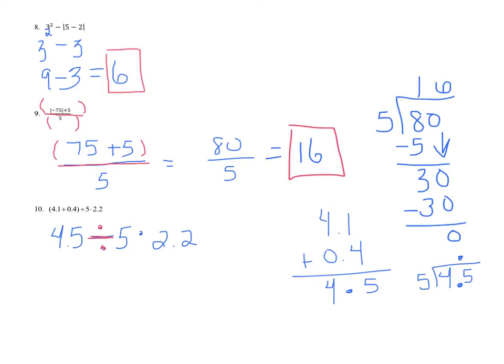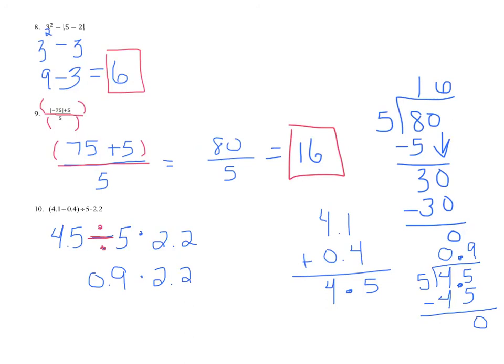So 5 goes into 4 0 times. So I'm asking myself instead, 5 goes into 45. Well, that's 9 times. And 9 times 5 I know is 45. When I subtract, I see 0 remainder. So 4.5 divided by 5 is 0.9, which I now need to multiply by 2.2.